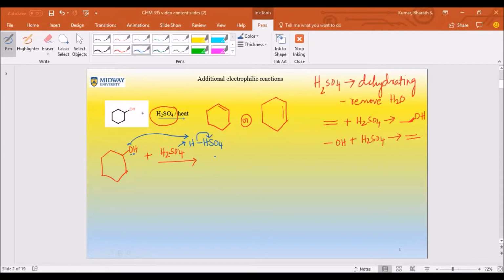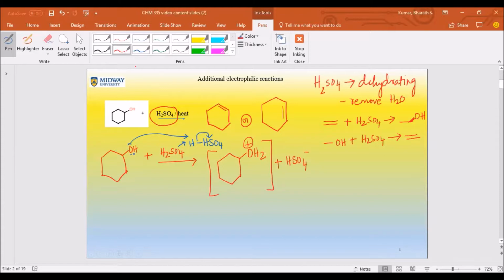So what is going to happen now here is, let's get our red back. We have essentially abstracted a proton from the sulfuric acid and then made this. This is an intermediate. Typically we put intermediates in a bracket, plus HSO4 minus.